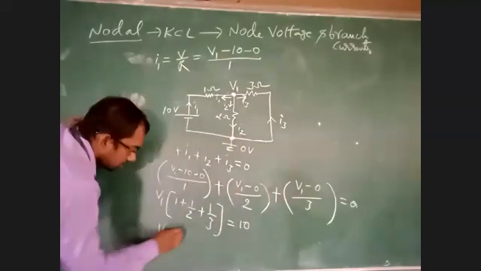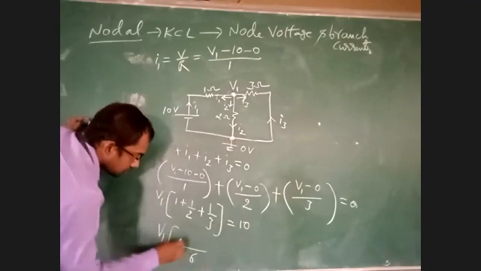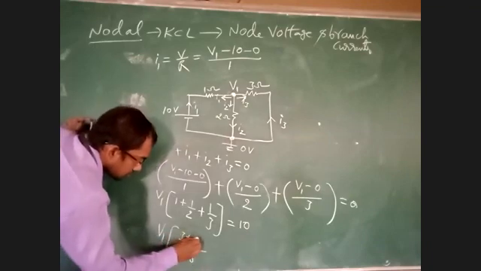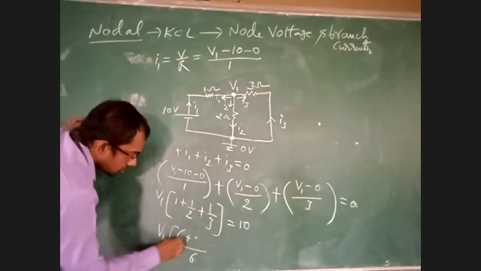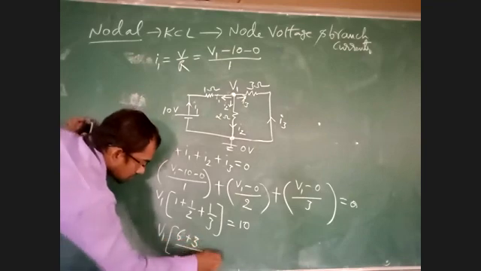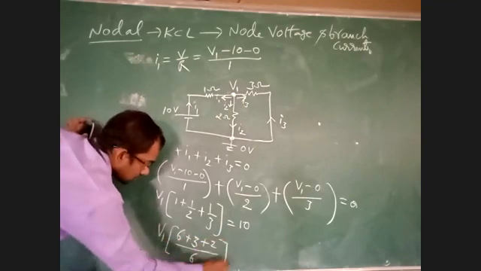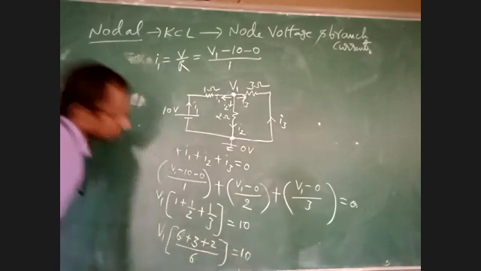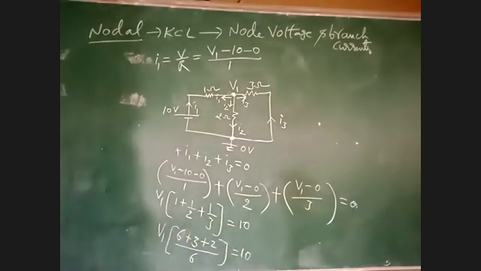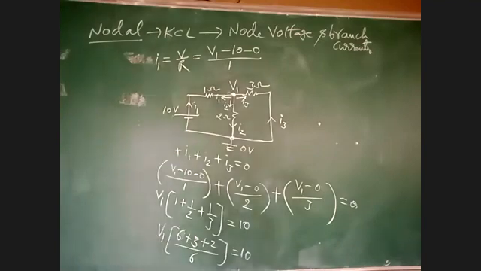Now take LCM. Tell me V1 value. Simplify and tell me value. 60 by 11.